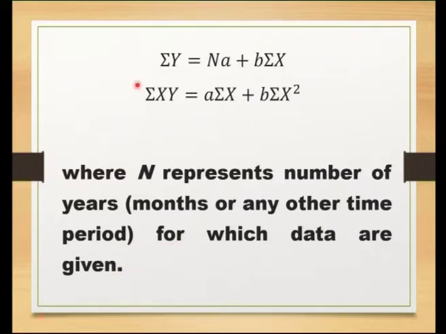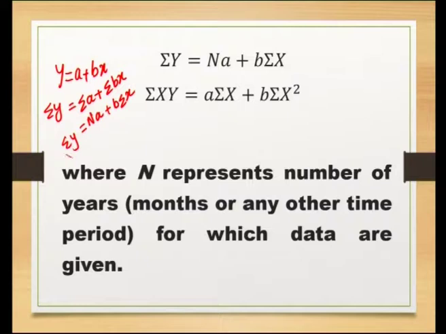Actually, these two equations are calculated using the straight line trend equation a plus bx. First of all you take the summation as it is. So, summation y is equal to summation a plus summation bx. Summation a is nothing but n into a, because a is constant, added n times, plus b into summation x. We get the first equation.